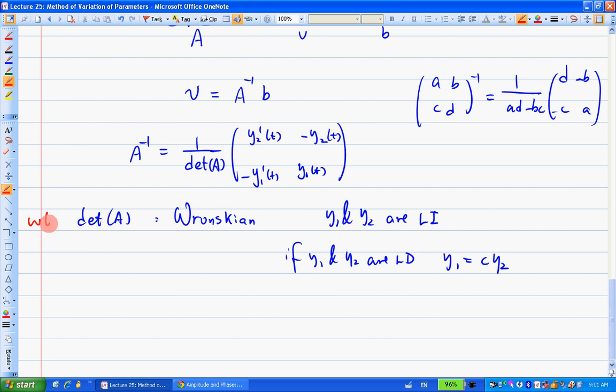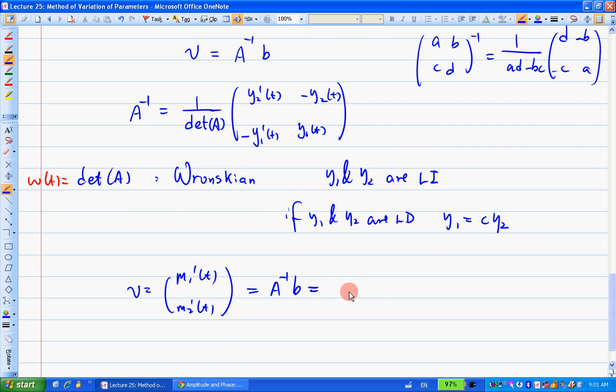I'm going to use W(t) to denote this determinant. Then my V, which is M1 prime, M2 prime, equals A inverse B. So if you multiply things out, you end up with this quantity here.